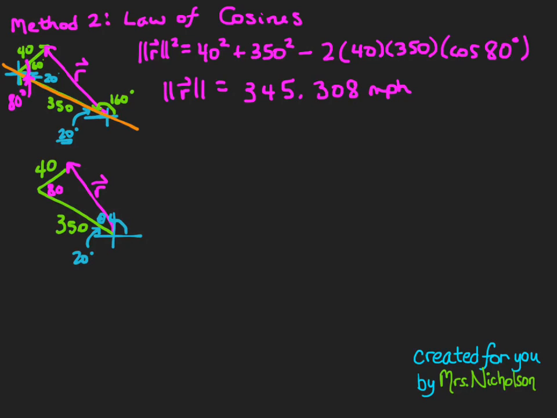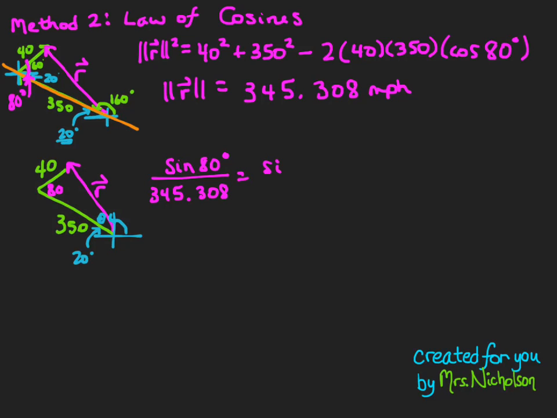In order to do that, I'm going to use law of sines, because now that I have all of the sides, I can use law of sines. So sine of 80 degrees, and the side that goes with 80 degrees is our resultant vector, which we just figured out is 345.308.